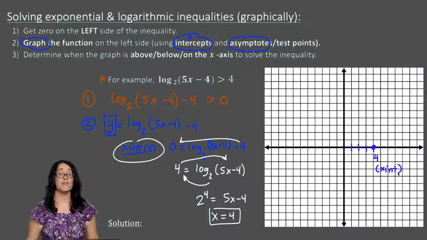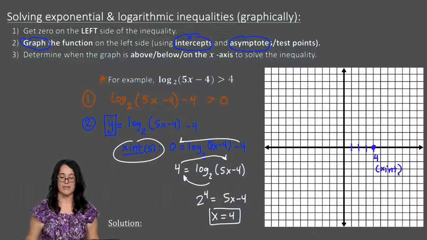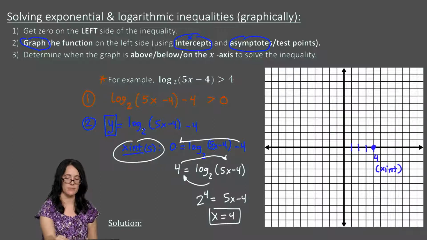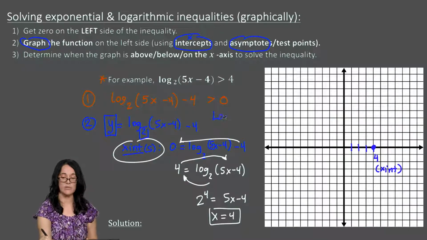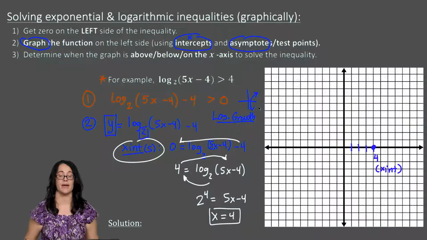Okay, once you have the x-intercept on the graph, we also want the asymptote, and then we want to draw a quick sketch. Well, is this logarithmic growth or decay? Well, look at your base. Base 2 meaning that this was logarithmic growth. If your base is bigger than 1, it's growing. So this graph would have looked something like this originally, with a vertical asymptote originally at x equals 0.